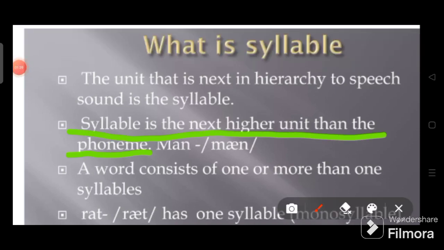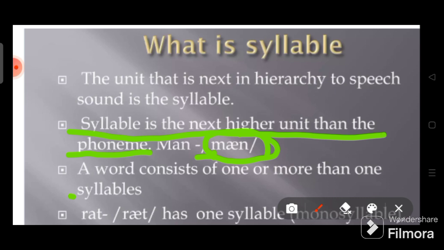For example, see, man: ma, n. There are three sounds. These individual sounds put together make up one syllable. That's why a syllable is the next higher unit than the phoneme. There may be one sound, two sounds, three, four, five sounds, etc., depending on the word.